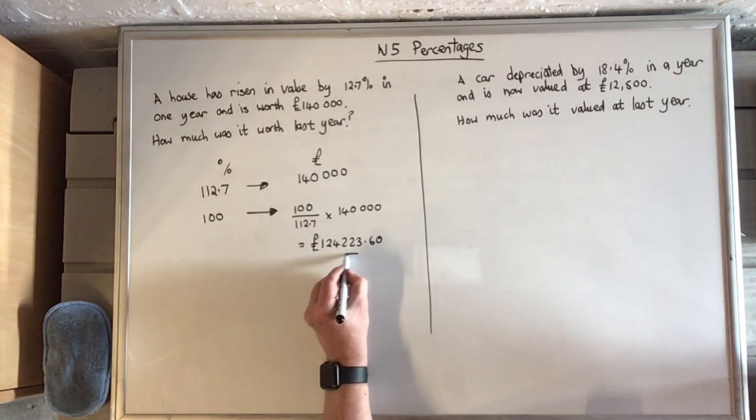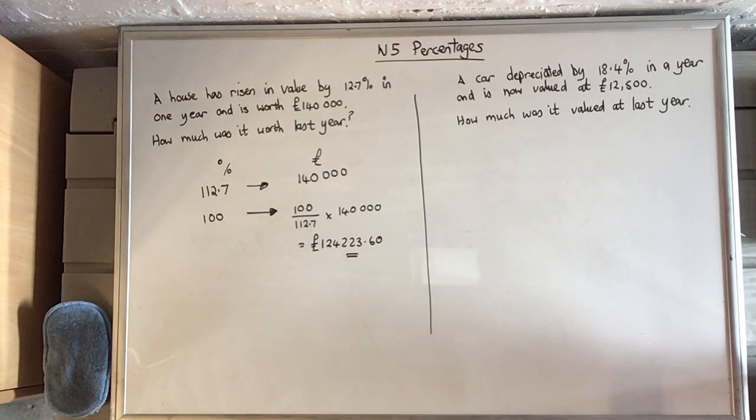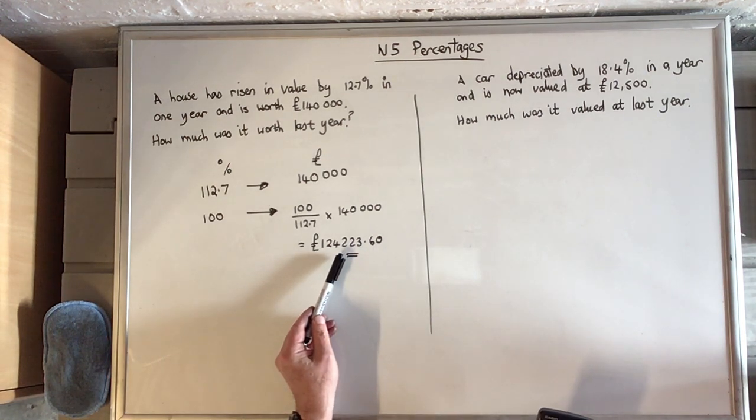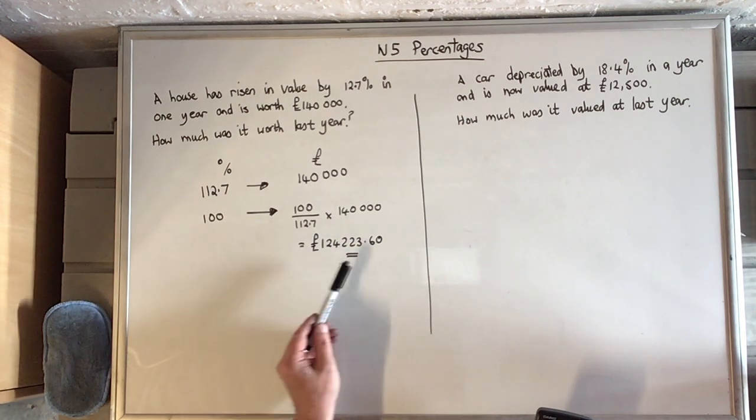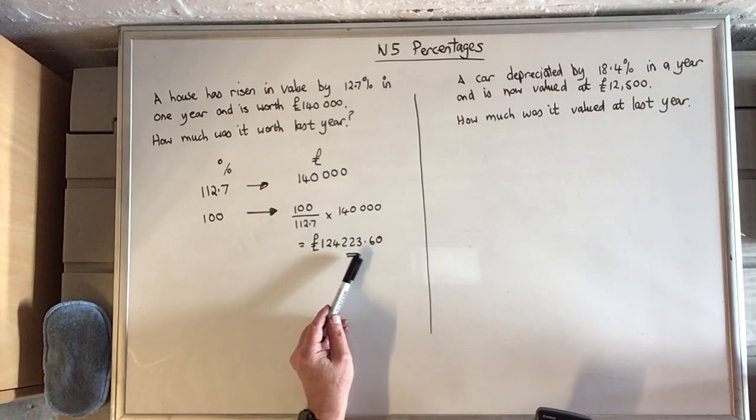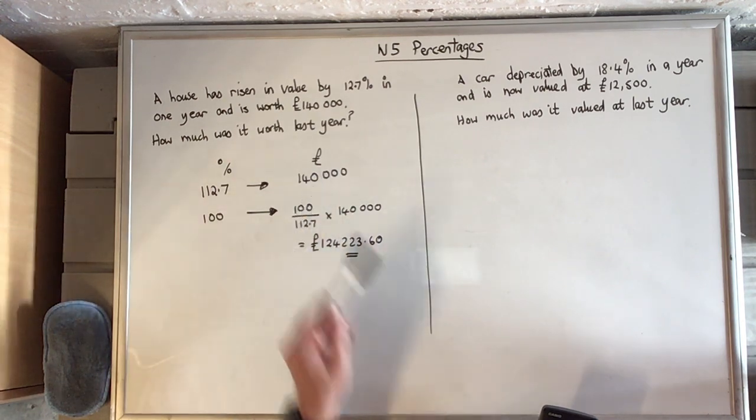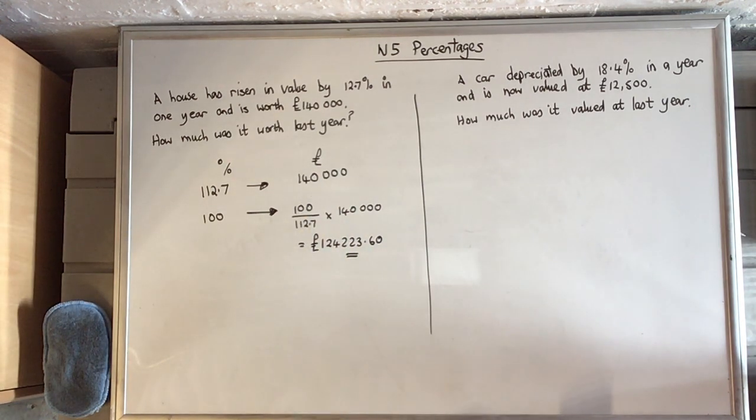So that's how much it was worth last year before the percentage increase. And if you now want to check to see if it's the right answer, take 12.7% of that and add it on, and you should get back to there. Okay, right, so that was the percentage increase.